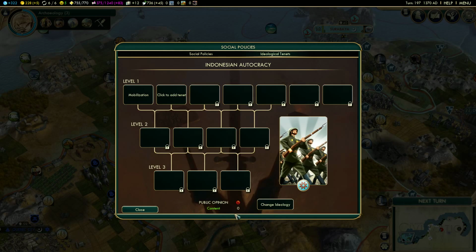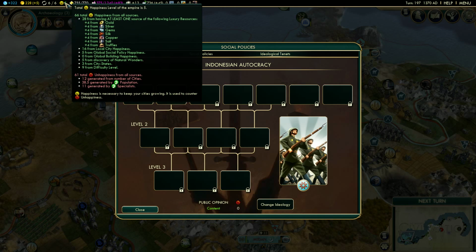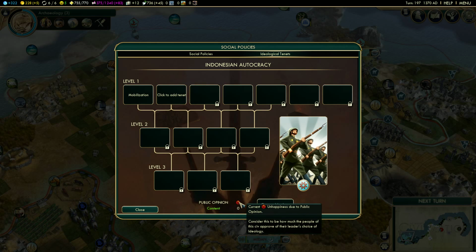Let me check. If your public opinion unhappiness really far exceeds the happiness that you generate yourself, you may want to switch. If there is no hope of fixing this in the short term, remember that below -10 you are going to get rebels, and below -20 you are going to be losing cities, but that means total happiness, not public opinion.